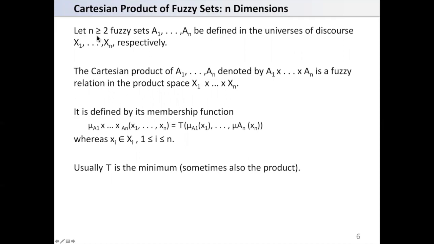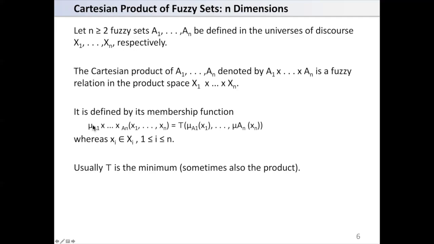Let n be greater or equal to 2 fuzzy sets, A1 up to An, be defined in the universes of discourse X1 up to Xn, respectively. The Cartesian product of the fuzzy sets A1 up to An, denoted as shown here, is a fuzzy relation in the product space X1 up to Xn. It is defined by its membership function.